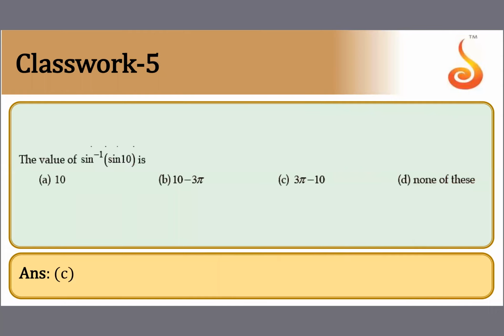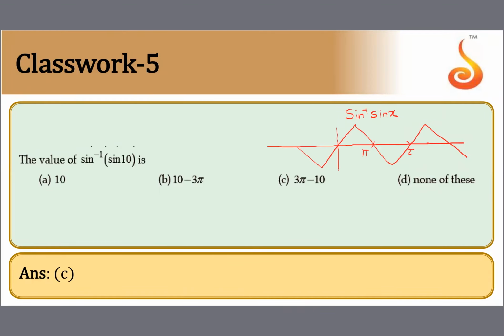Before I proceed, I'll tell you about the sin inverse of sin x graph. Okay, this is the sin inverse of sin x graph. I'll tell you 2 methods. 3 methods are there, of course. This is pi.